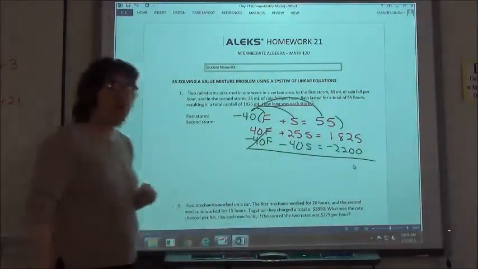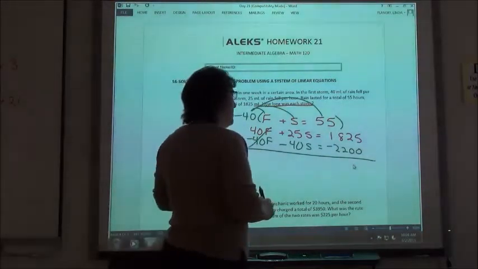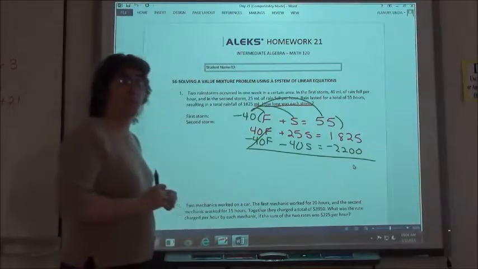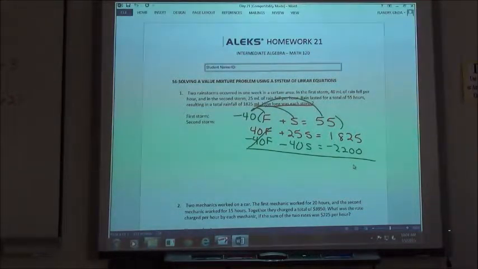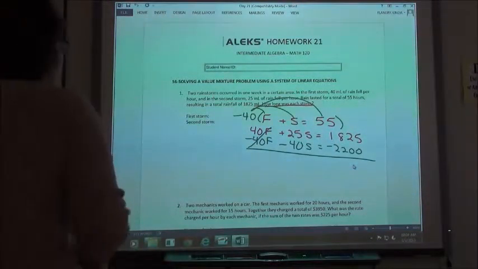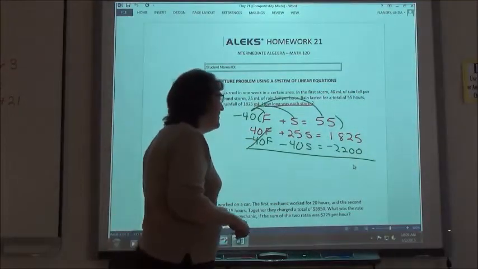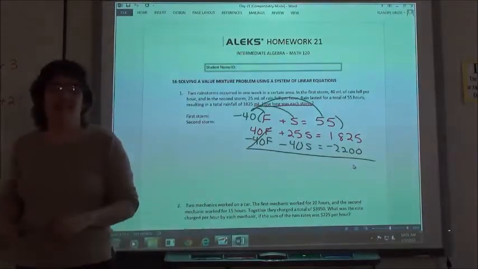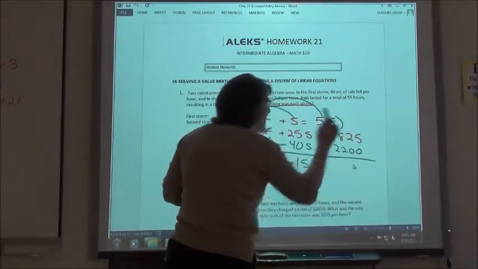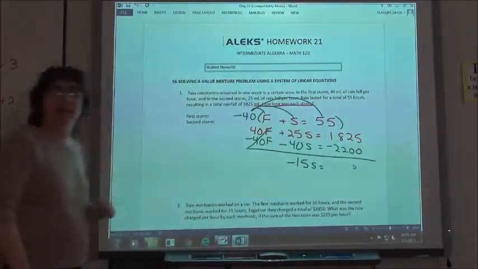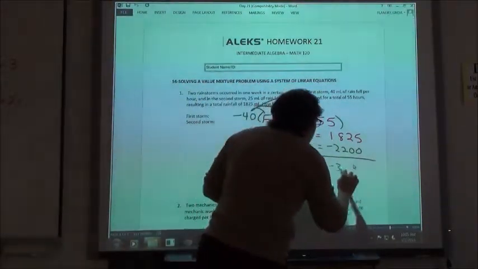25 minus 40 is negative 15s. 1825 minus 2200 is negative 375.